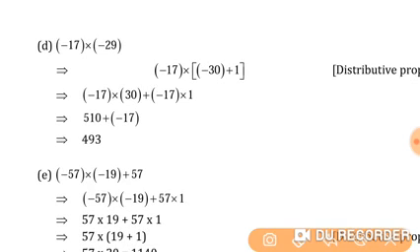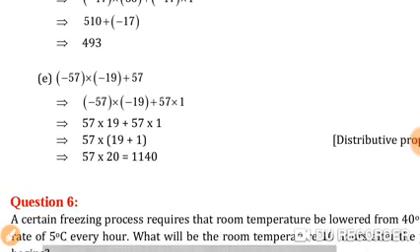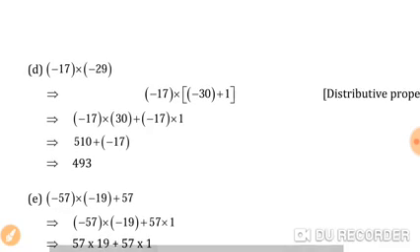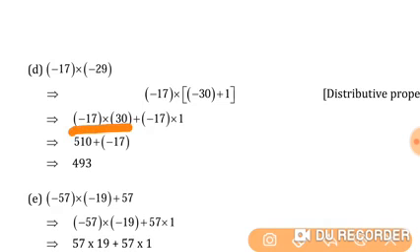Why have we taken minus 30? Because the integer is negative, keep the negative sign for the bigger number. Then you can apply the same way, like 17 into 30, 17 into 1.